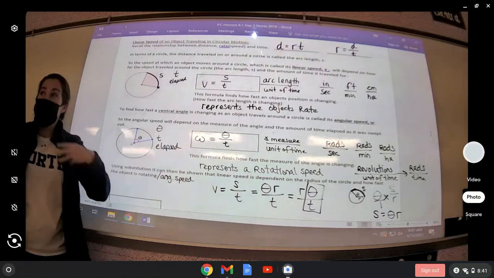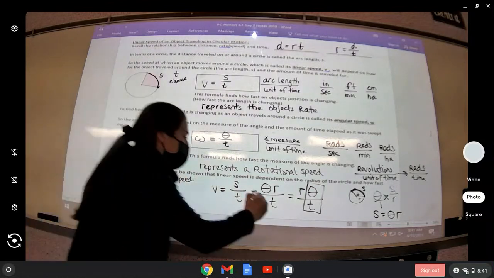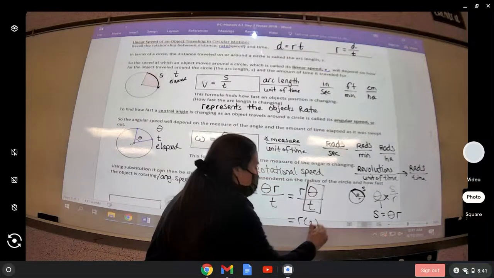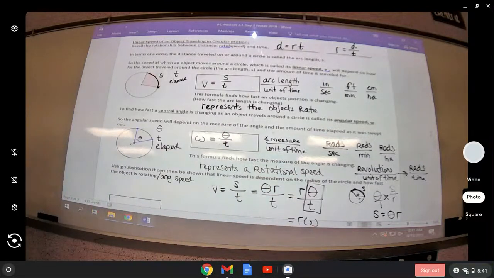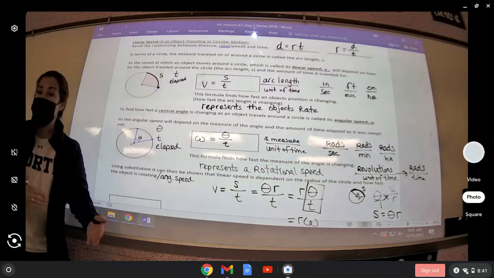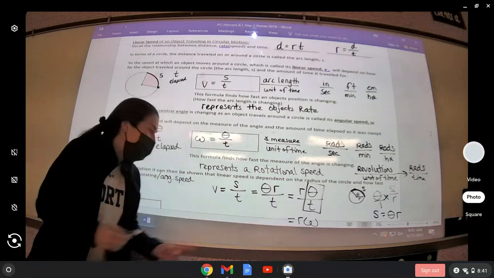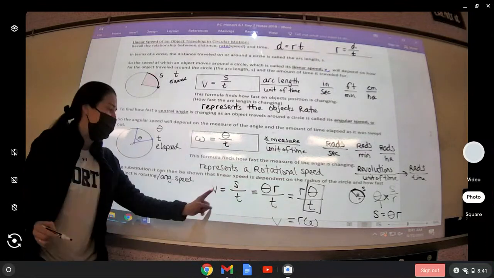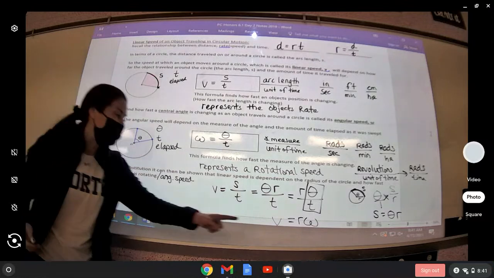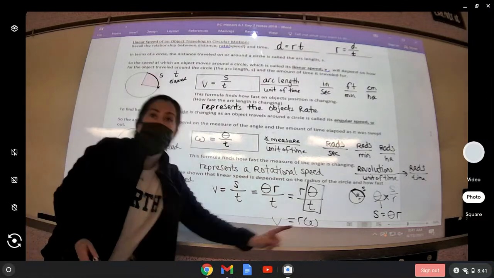Theta divided by time is your angular speed. So now we can say it's equal to the radius times omega. So now for your linear speed, you have another formula that uses different information to calculate it. So now we can say not only is v equal to S divided by t, another formula for your linear speed will be radius times omega.